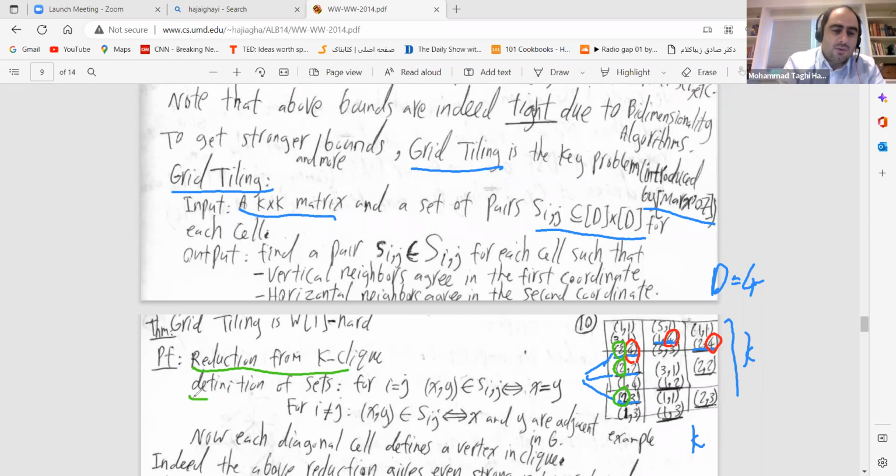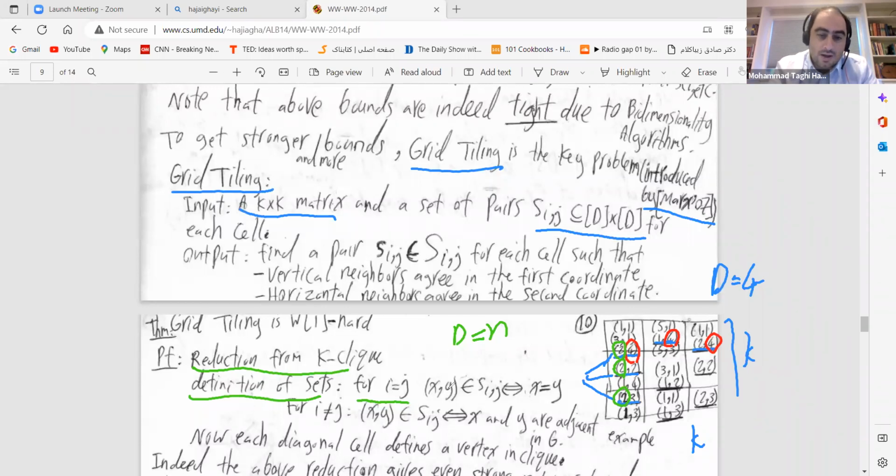It is easy to see that there is a reduction from k-clique to this problem. What's the meaning of that? We can solve k-clique using this problem. How? Here d is equal to n, and we have a k by k matrix.